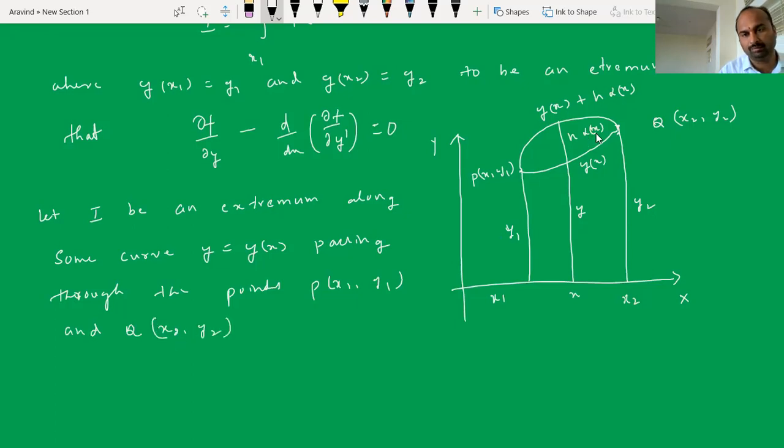This is the extremum curve passing through these two points.